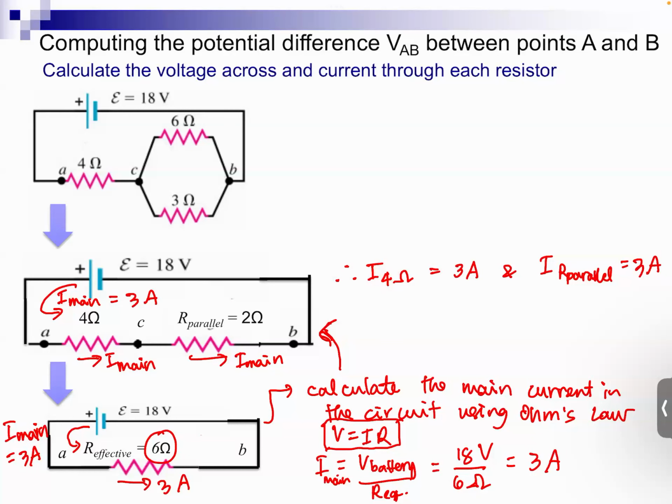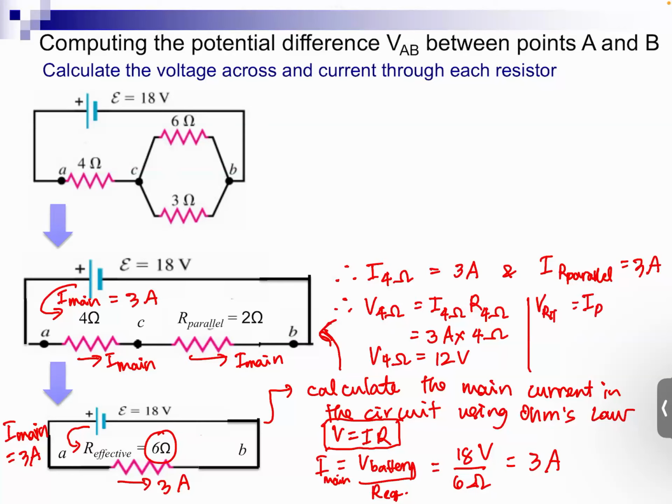We already know the current and the resistance of the 4 ohm resistor, so we can calculate the voltage across the 4 ohm resistor: it is equal to the current through the 4 ohm resistor times its resistance.